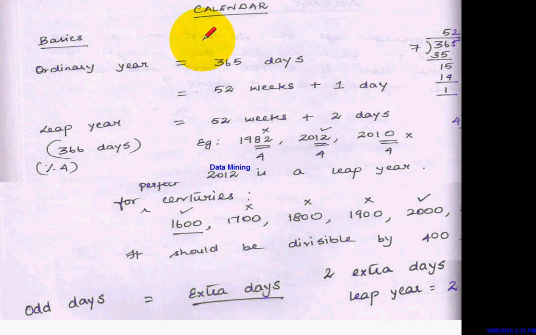That is, it should be an exact multiple of 400, and at the same time it should not be a multiple of 100. Then that year is said to be a leap year. So this is the very must thing we have to remember for perfect centuries.